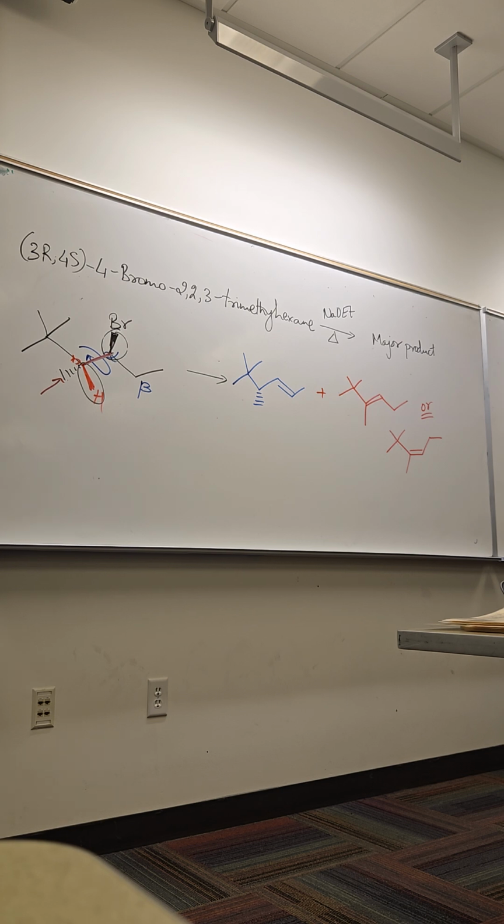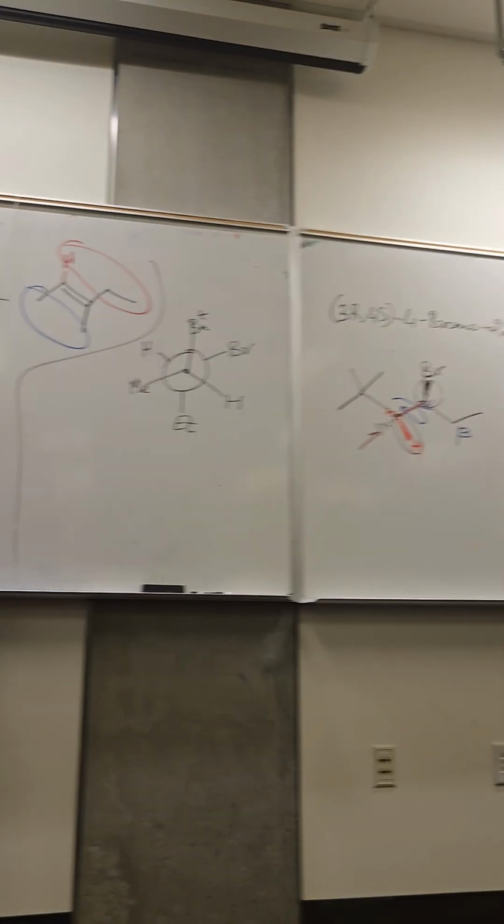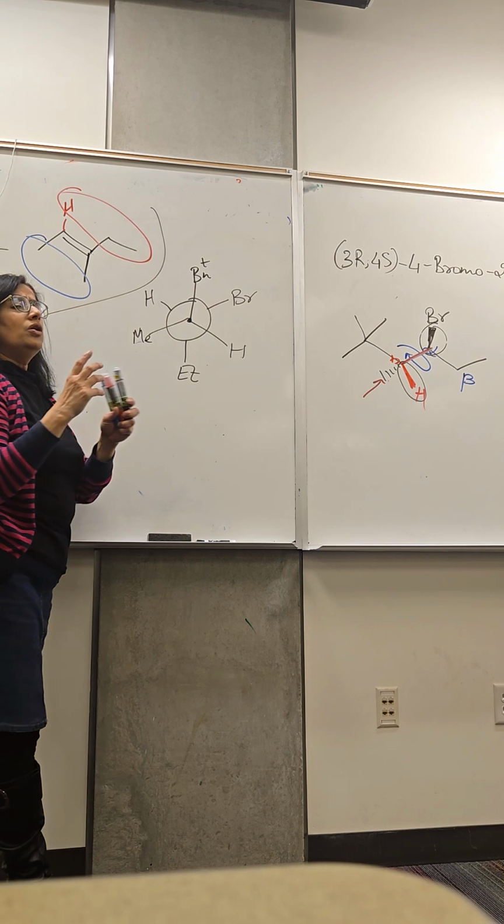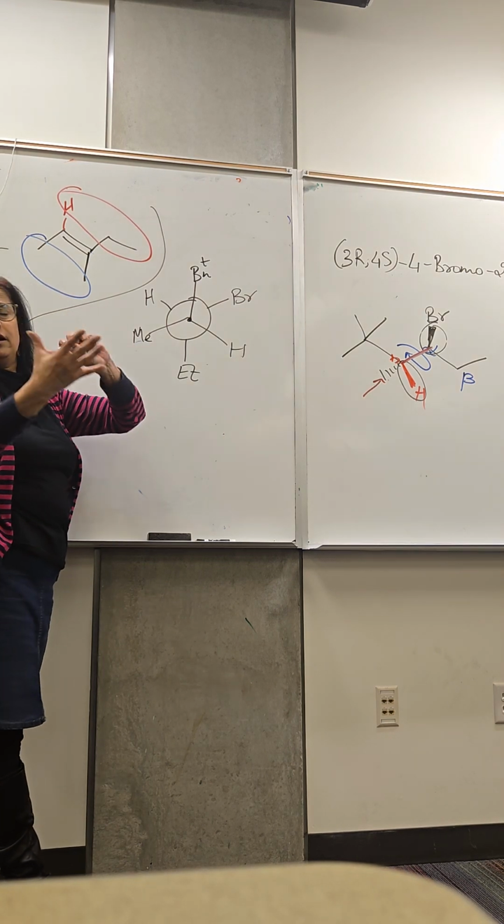And then I'm seeing a hydrogen here, and the methyl here. The back carbon, I'm seeing ethyl come down here, Br there, and hydrogen here. Now, which two bonds are we interested in? Which two bonds need to be anti-periplanar? The 180.